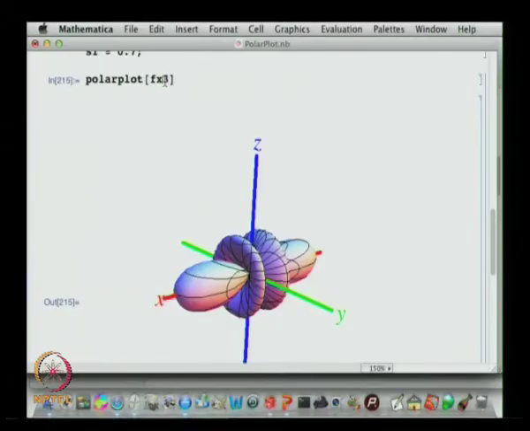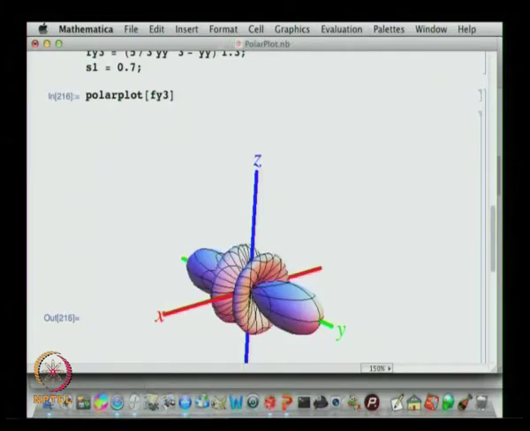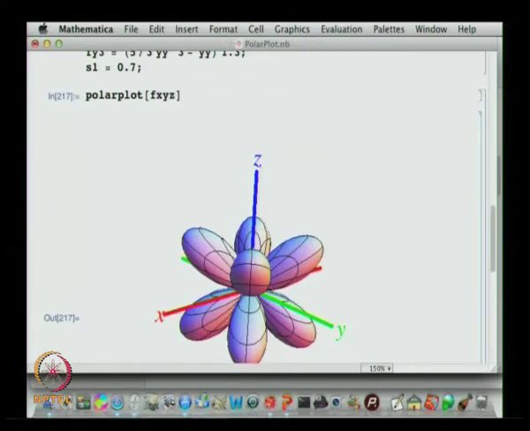Then you can have f y cube, this will be oriented along the y direction. Then let us look at f xyz, interesting shape.